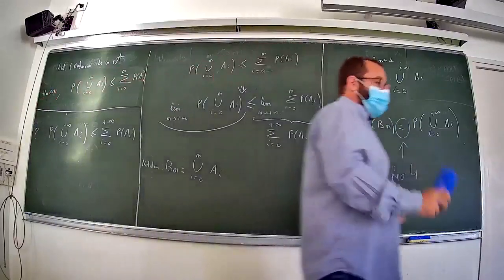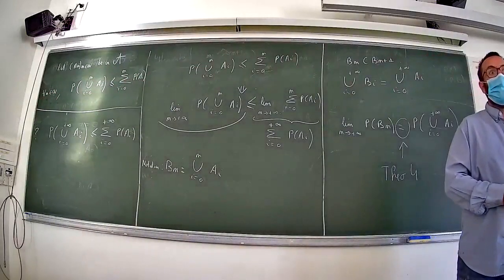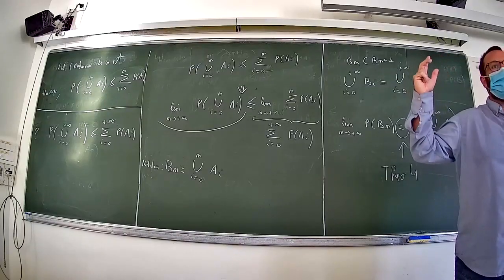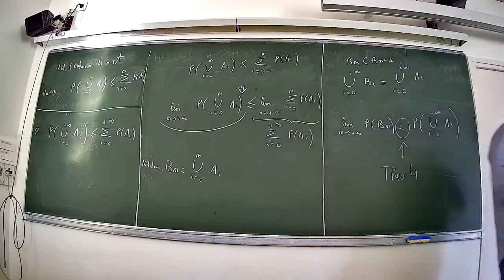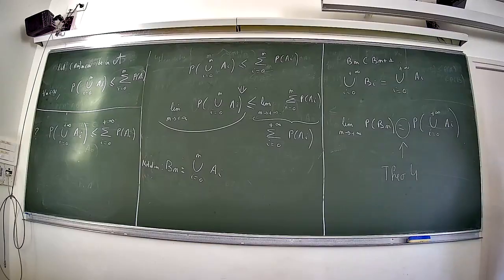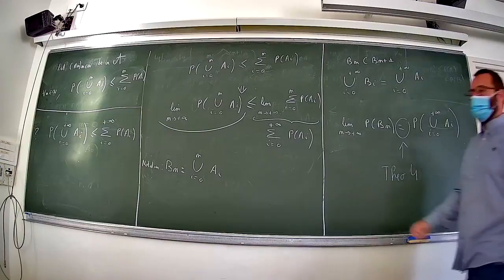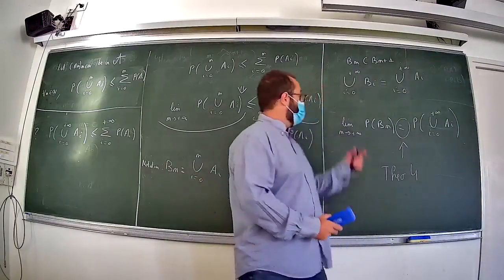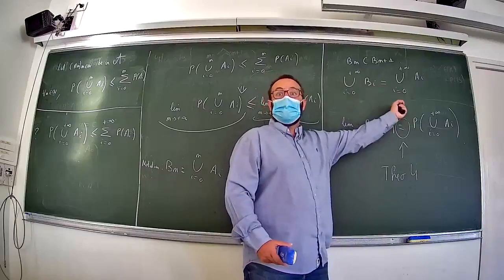You could say anything else for Bn, for example, if you want to call it Mr. Choro, you can call it Mr. Choro. So you give the name you want. Since I had A here, I have used B, but you can use C, X, what you want. It's just something that is indexed. It's a notation that I use in order to lighten a little the way I write the things here.